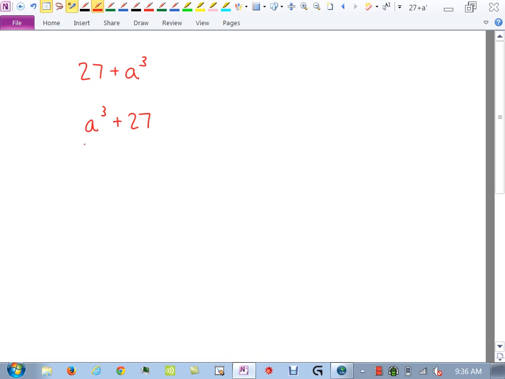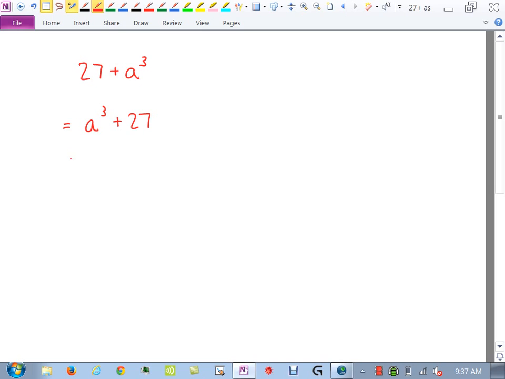So hold on. There's no GCF here, right? You have two terms, and there's addition between them, right? So you start thinking it's either sum of squares or sum of cubes. Remember, sum of squares, it's prime. But this, unfortunately, is not that because you have a cubed, and then we recognize 27 as being 3 cubed, right?